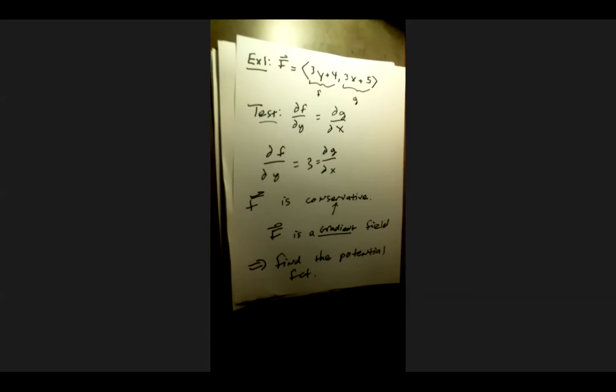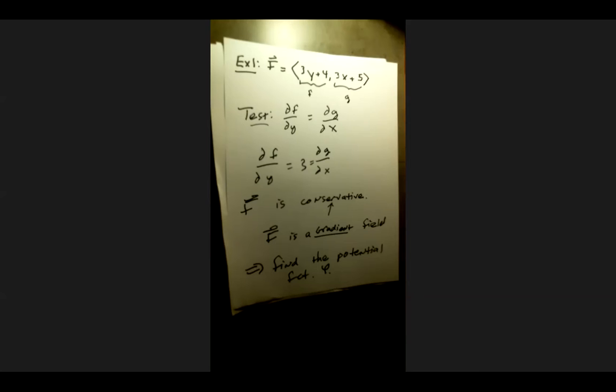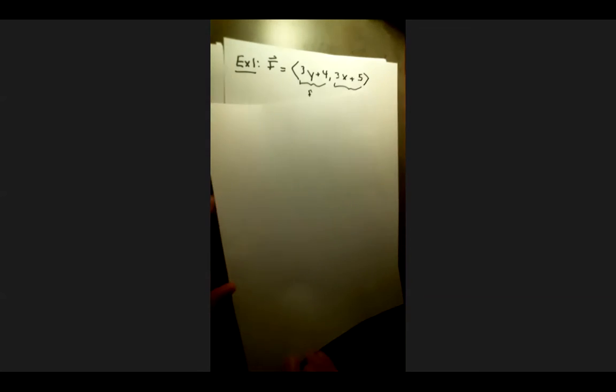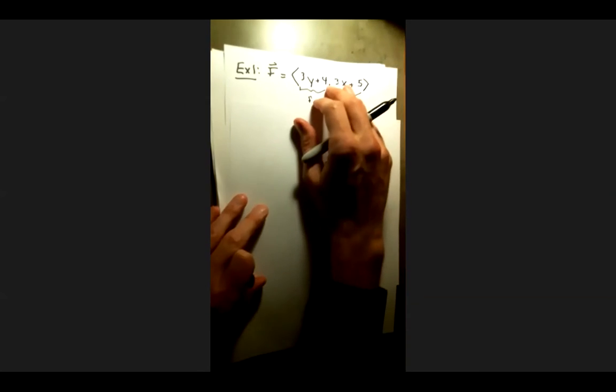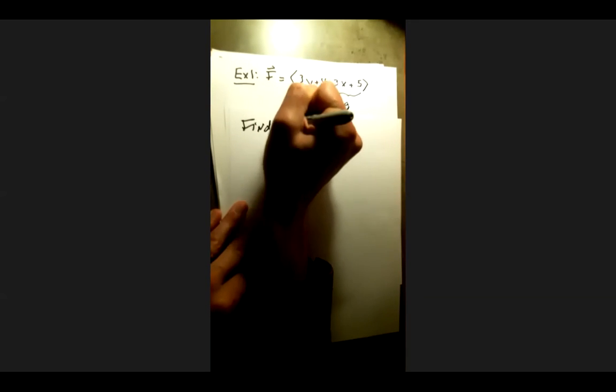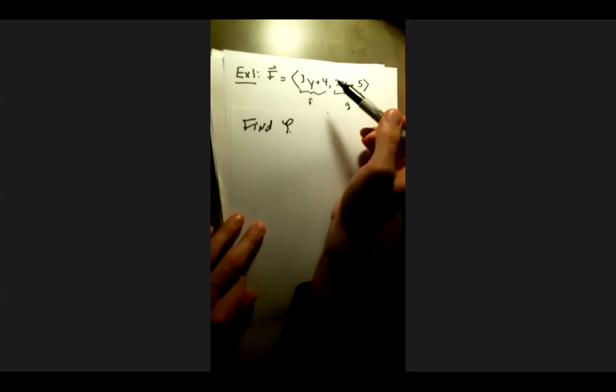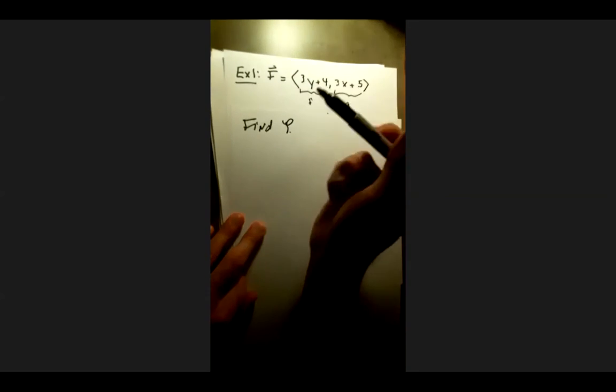Questions so far? Very good. All right. We're going to label this potential function phi, just so that when you start seeing phis running around, you know what they're about. So we want to find that potential function. Find phi. There's a whole bunch of steps here.